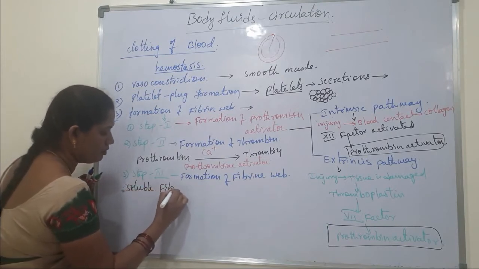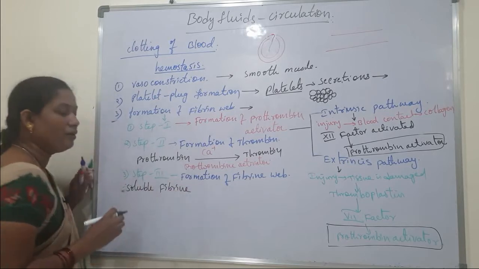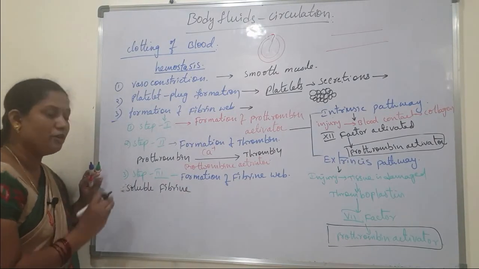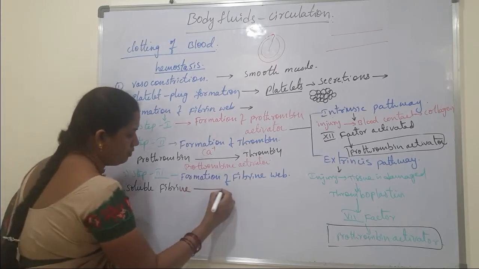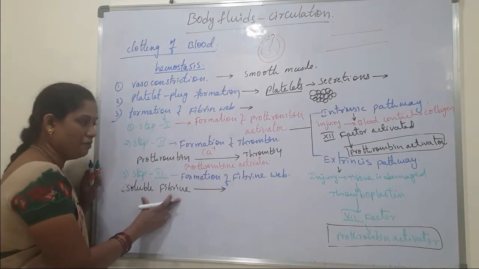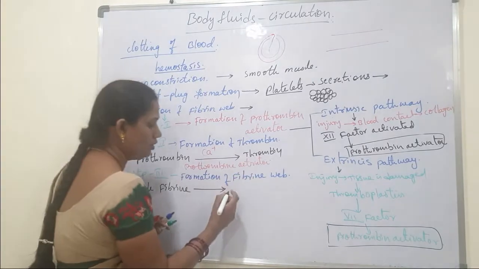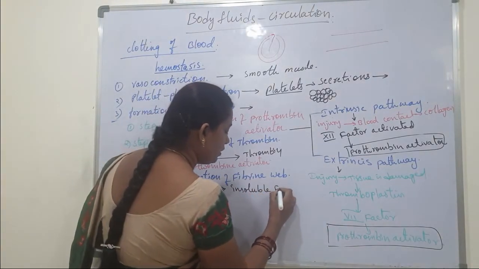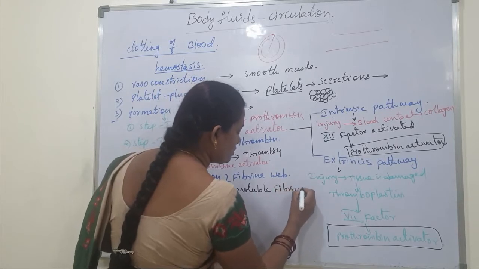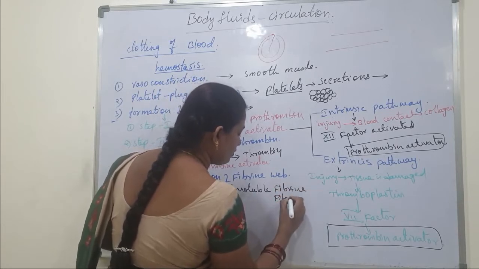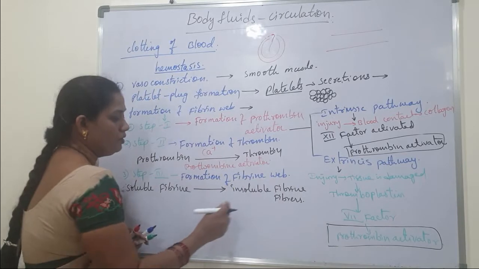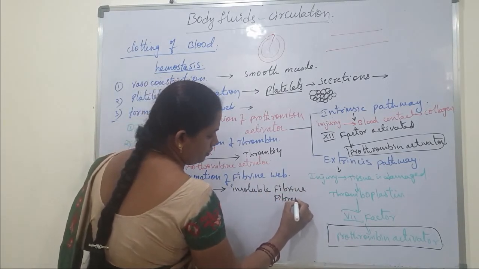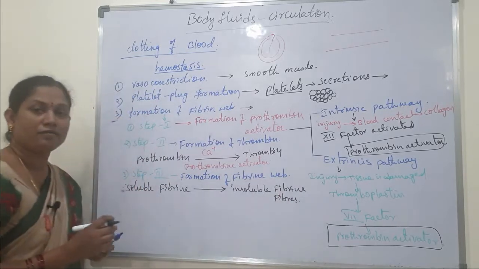Generally, in normal conditions, fibrin is soluble in our blood plasma. This soluble fibrin is converted into insoluble fibrin fibers.